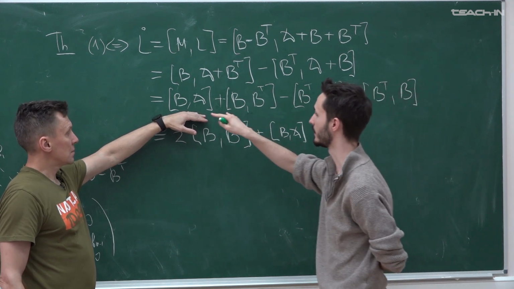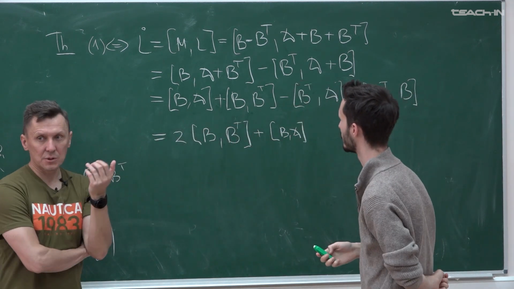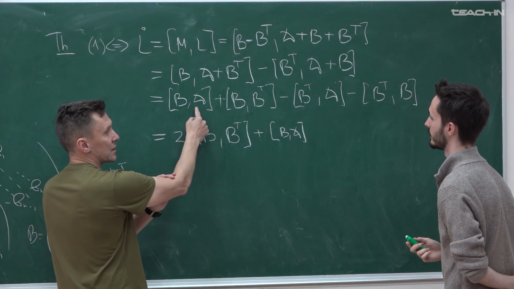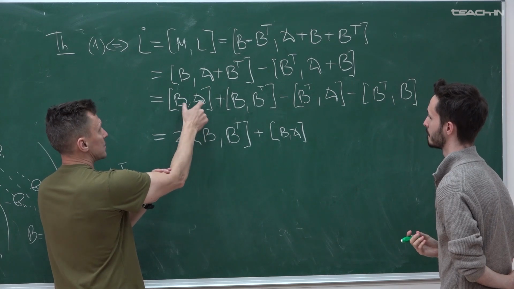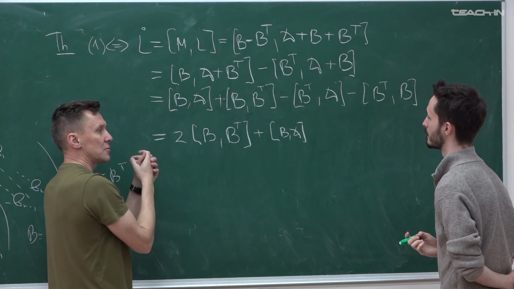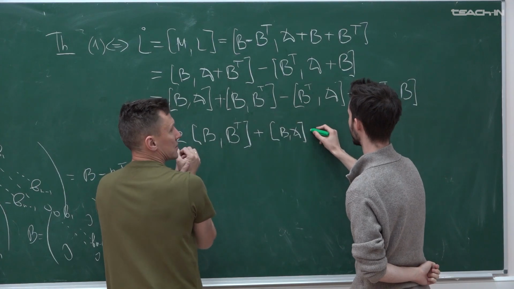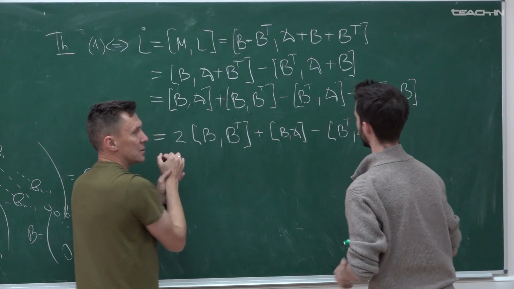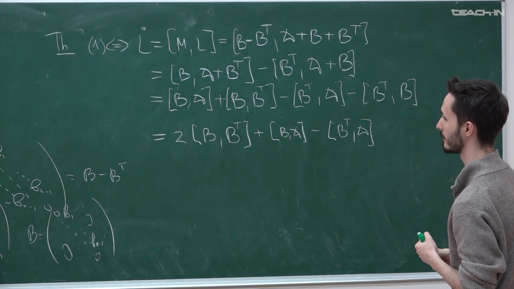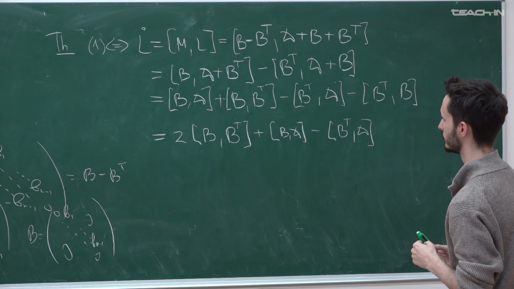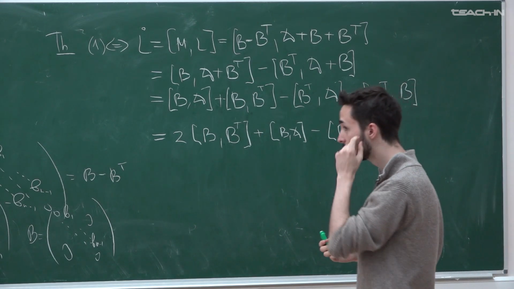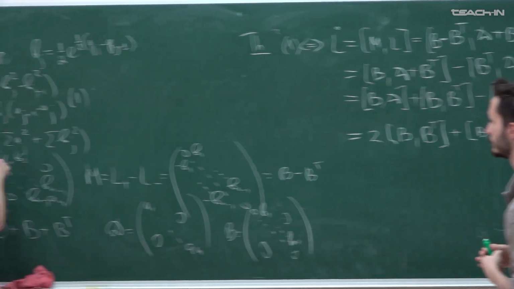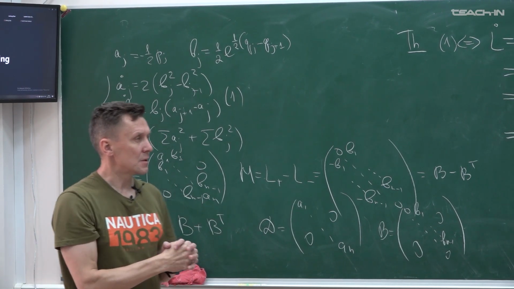This commutator is upper triangular? Yes, because this is upper triangular, this is diagonal. The diagonal with upper triangular produces upper triangular. This is lower triangular. And the diagonal terms come from this one. So quite rapidly, you get the derivatives of the diagonal, upper triangle, and lower triangle terms.